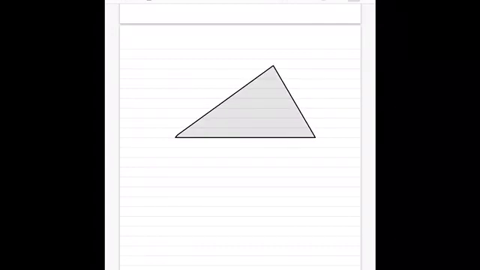All right, so let's get a little bit of information in this triangle. Let's say that this is 27 degrees. Let's say that this is 45 and this is 85.